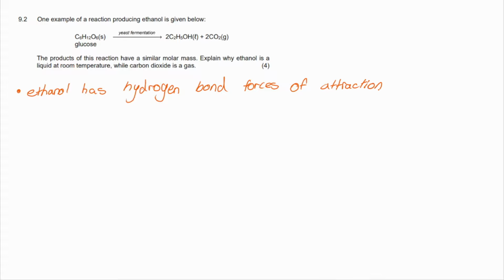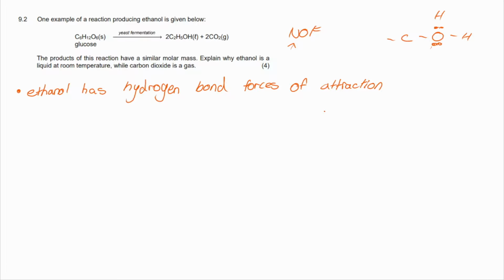Remember, hydrogen bond forces of attraction, I think we spoke about it earlier in this paper, is when hydrogen is bonded to one of these, and one of these things has a lone pair of electrons. You'll see that is true because you'll have carbon bonded to an oxygen, bonded to a hydrogen, but oxygen will still have these 2 lone pairs here that another hydrogen can come and be attracted to, in another molecule. This isn't a bond, this hydrogen is from another molecule.